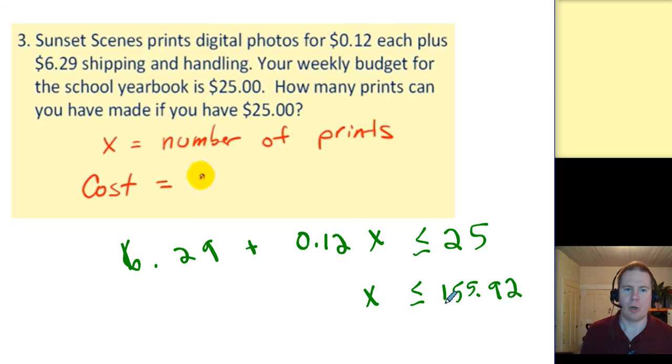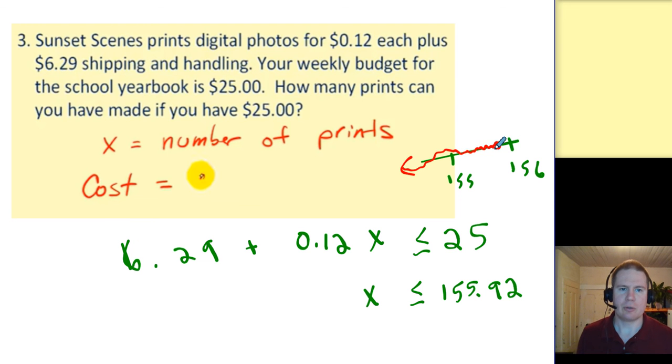Right? 156 is a lot closer to this value than 155, but x cannot be greater than 155.92. If I'm looking at the number line, here's 155.92. X is less than or equal to that.